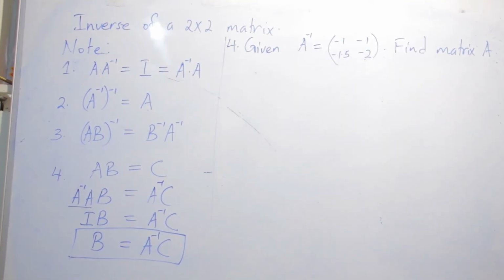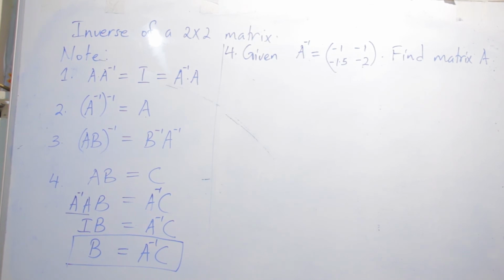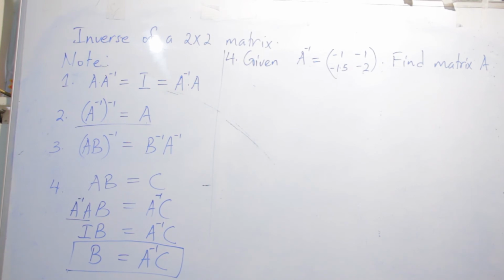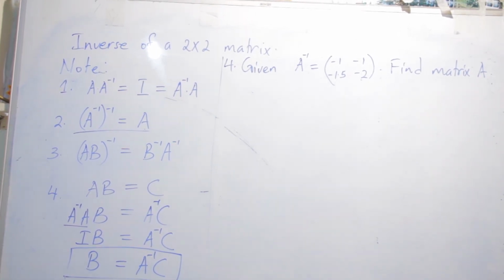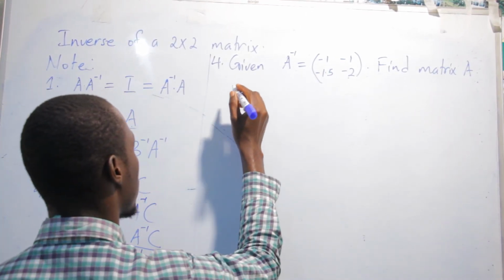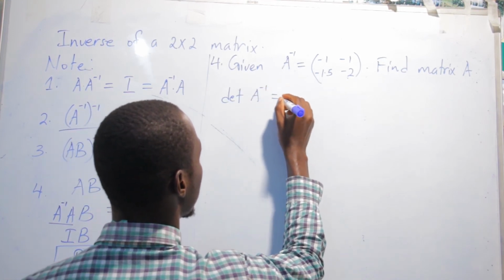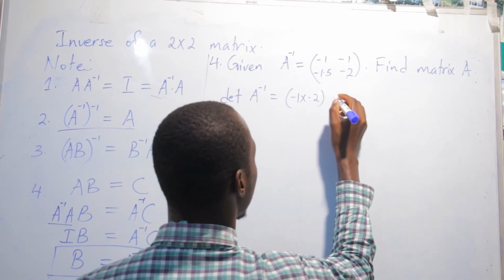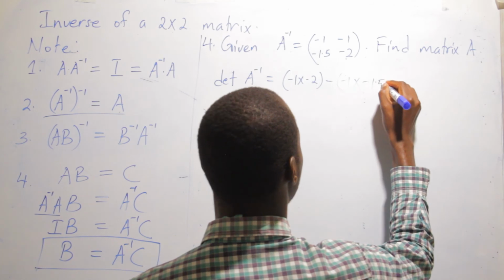Example 4, you've been told to find the matrix A given its inverse. So there we are going to use our note 2, that we are going to find again the inverse of that inverse to get the original matrix A. So the determinant of the A inverse, that is negative 1 times negative 2, minus negative 1 times negative 1.5.